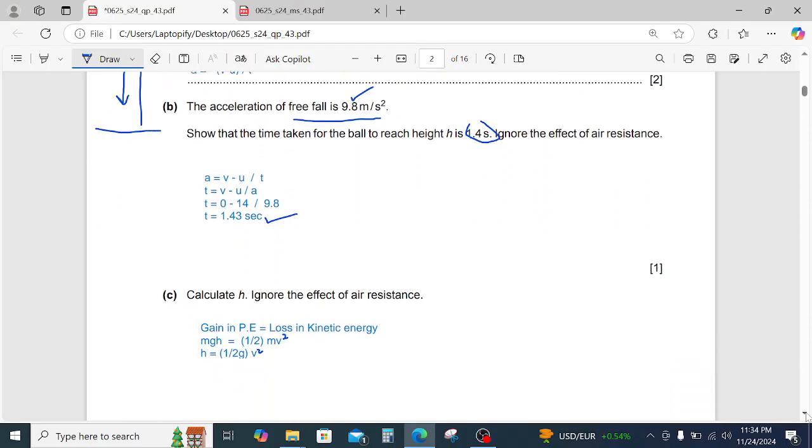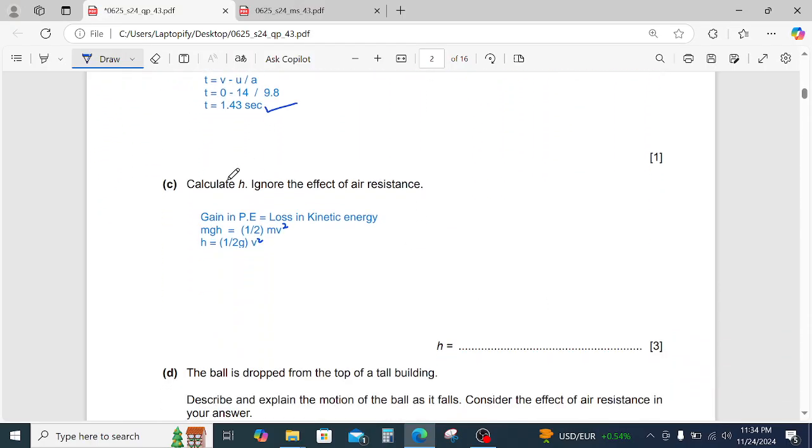Now move towards the second question. Calculate the height, ignoring air resistance. Remember, when you are launching the object vertically upward, during motion the body has kinetic energy. When it moves towards a specific height h, this kinetic energy converts into potential energy.